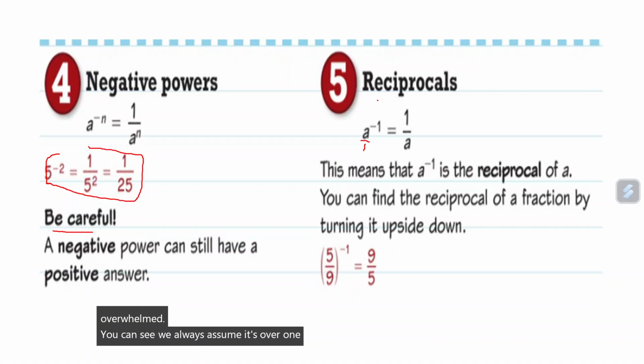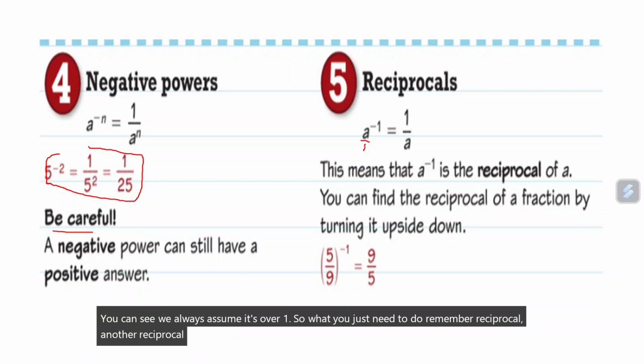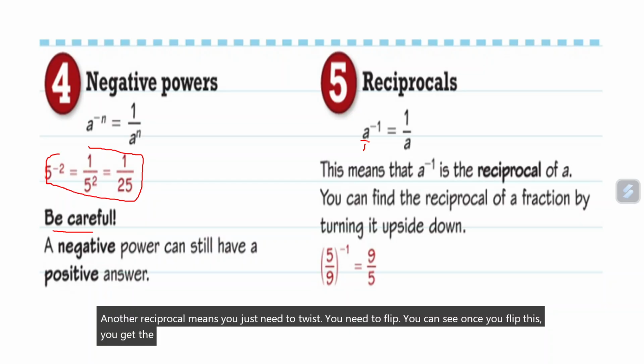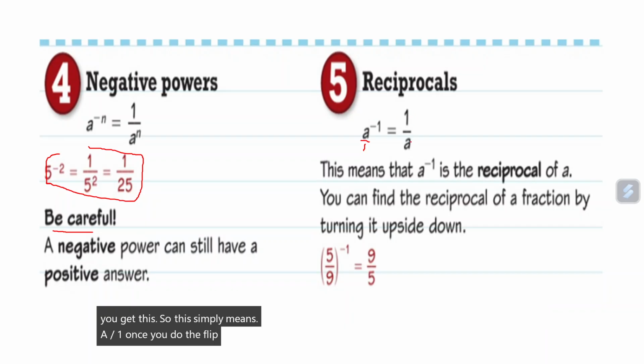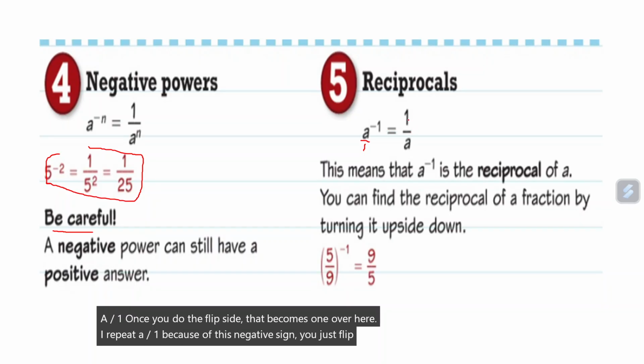So what you just need to do for a reciprocal is twist, or flip. Once you flip this, you get this. This simply means A over 1. Once you flip it, that becomes 1 over A. I repeat, A over 1. Because of this negative sign, you just flip it, so it becomes 1 over A.